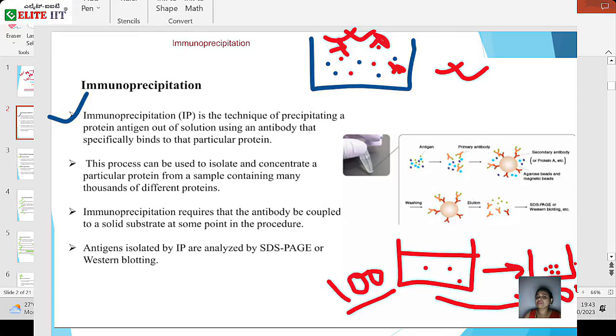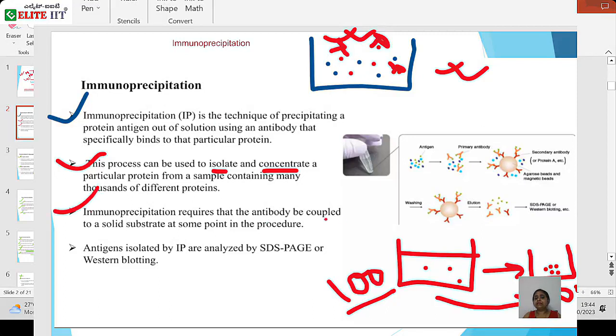So we are doing separation as well as concentrating the sample. Here it is written, you are isolating and concentrating from the mixture. This is the main purpose of immunoprecipitation.